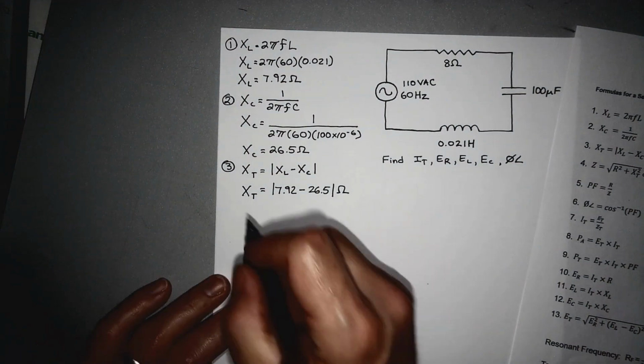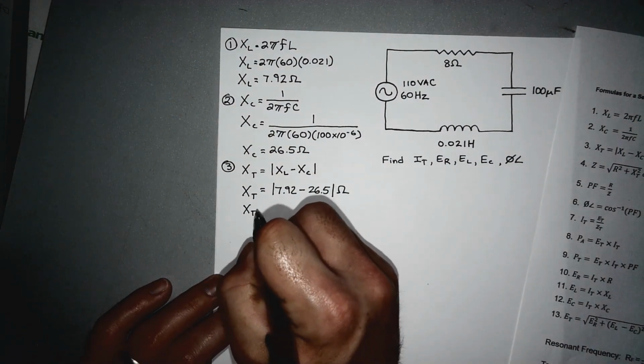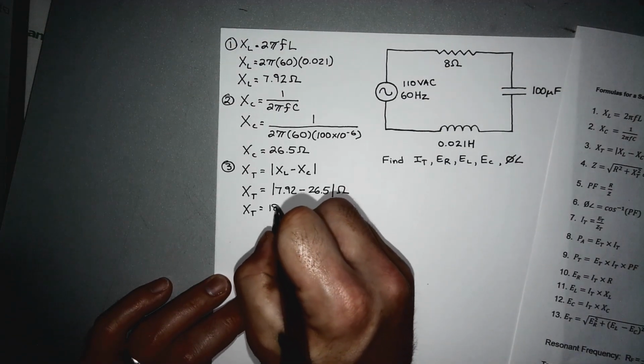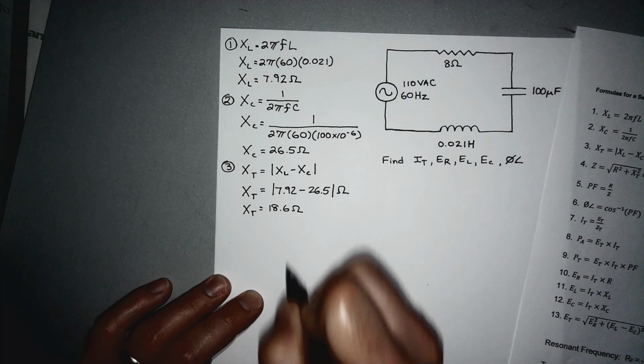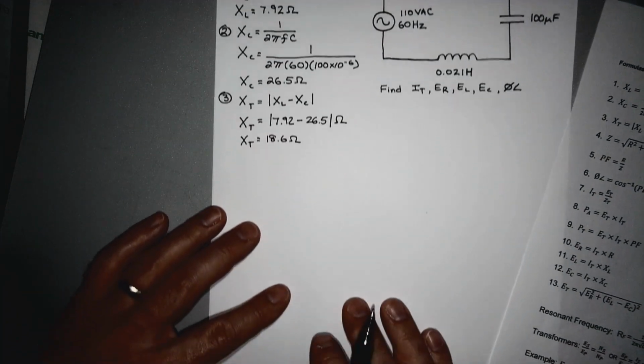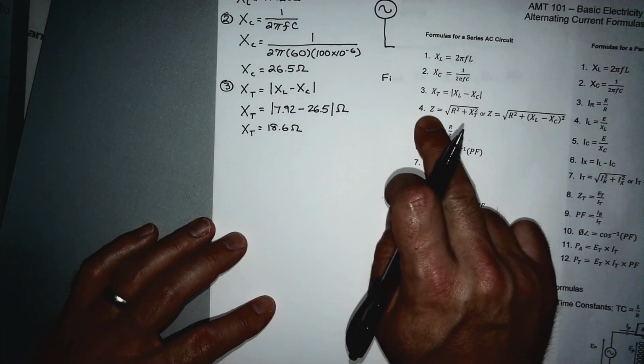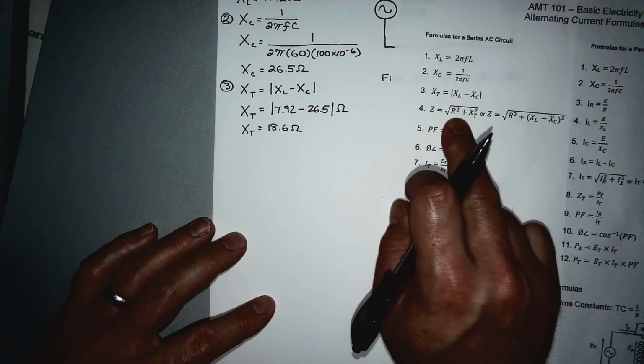This brings us to an X sub T value of 18.6 ohms. All right. Number 4 is our equation for impedance.